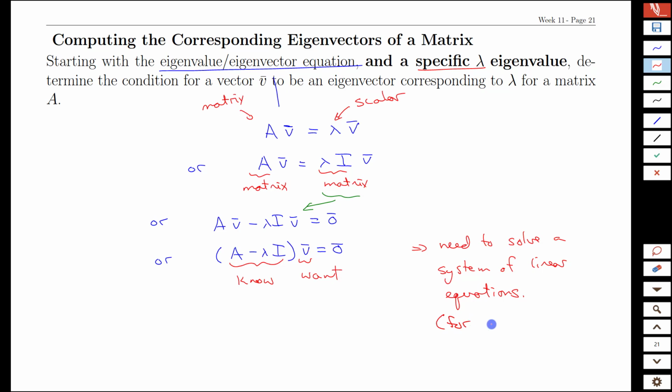I'll just remind you, for a non-zero vector V, the zero vector will always work. It's one of those things you have to keep catching yourself on, especially when this is new. We want a real direction that's being scaled by this matrix, and the zero vector doesn't get scaled by much. It always stays zero. And also mathematically, the zero case is always going to satisfy this, so who cares? We want the more interesting cases, the non-zero vectors V.